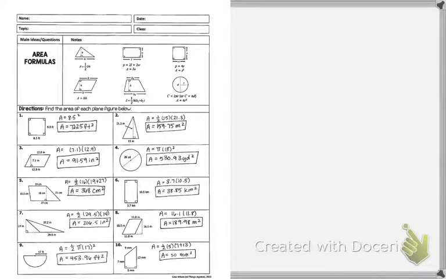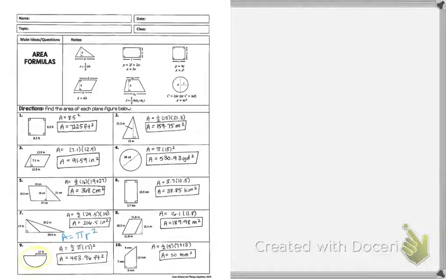Alright, so let's continue on with circles. Here we're dealing with a circle. Nothing really matters much except for the fact that we're still going to use this formula: pi r squared.